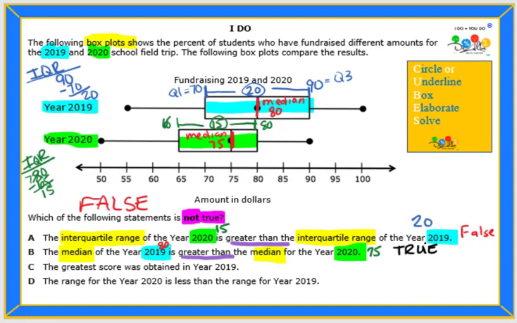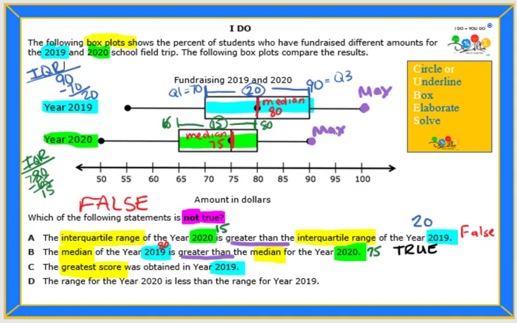Now let's look at letter C. It says the greatest score was obtained in the year 2019. The greatest score would represent the maximum. So the maximum point is right here. That is the max. And on 2020, this is the max.